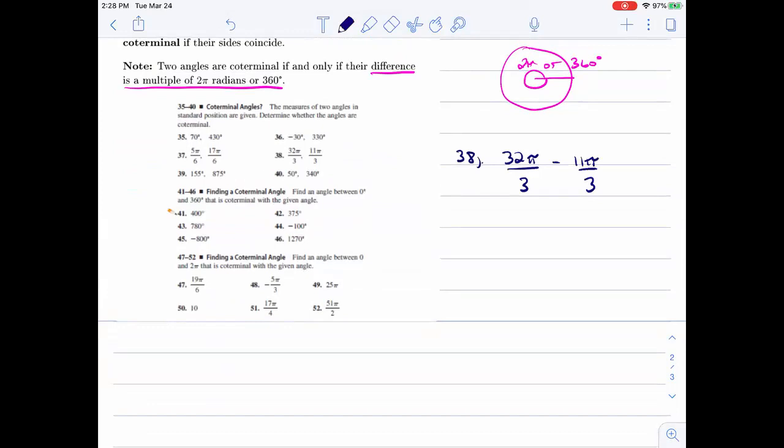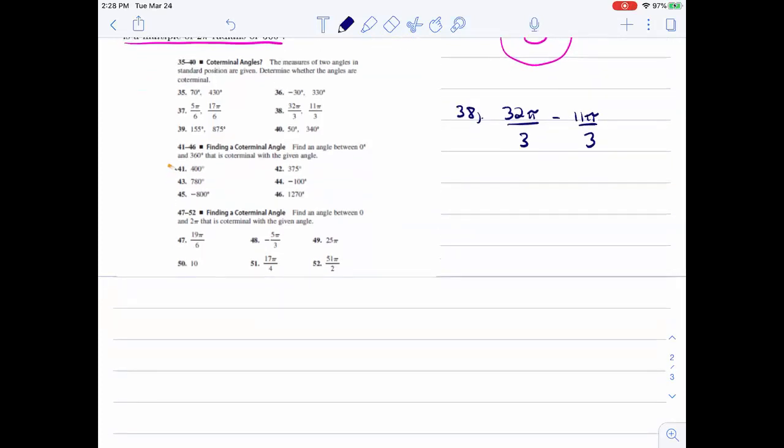If it's a multiple of 2 pi in this case, then they're coterminal. So 32 pi over 3 minus 11 pi over 3, luckily I have the same denominator here, so I get 32 minus 11 is 21 pi over 3.